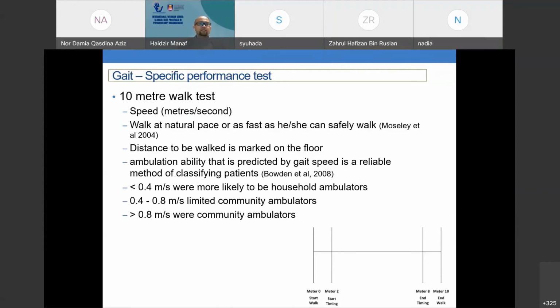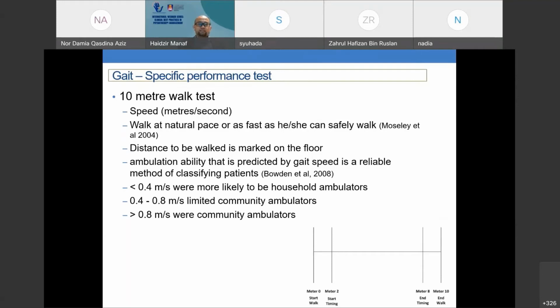The total time taken to ambulate 6 meters, even though it is 10 meters, but we use the 6 meters after the 2 meters and then stop at the 8 meter. Why? Because the first 2 meters is what we call the acceleration phase. The last 2 meters is the deceleration phase. So we only take the 6 meter range.